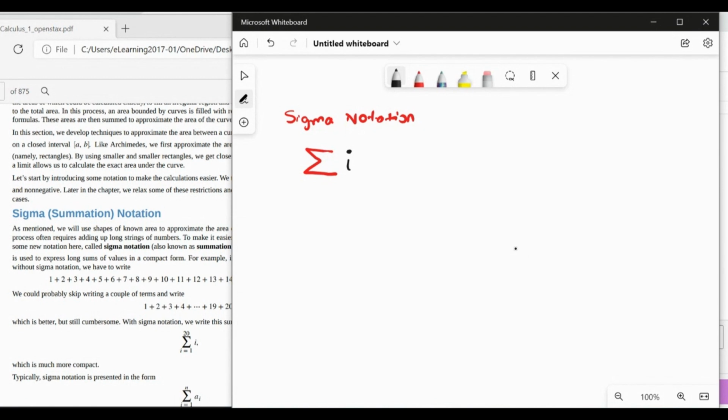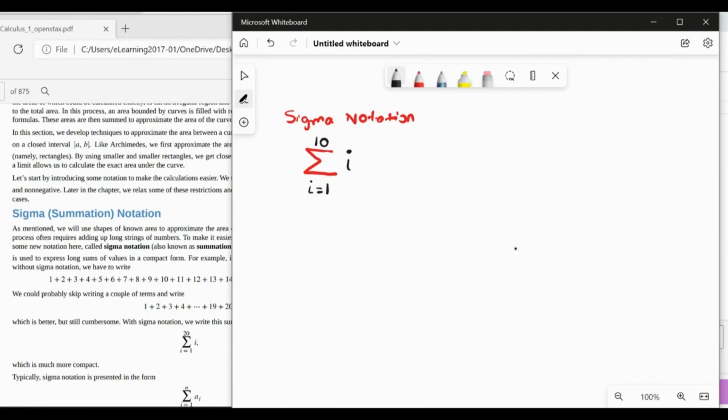So after this sigma letter, we have some numbers or some expressions. And this sigma notation has one index, okay? So the index changes between two numbers. So this is the lower limit. It starts from 1, and let's say it goes until 10.